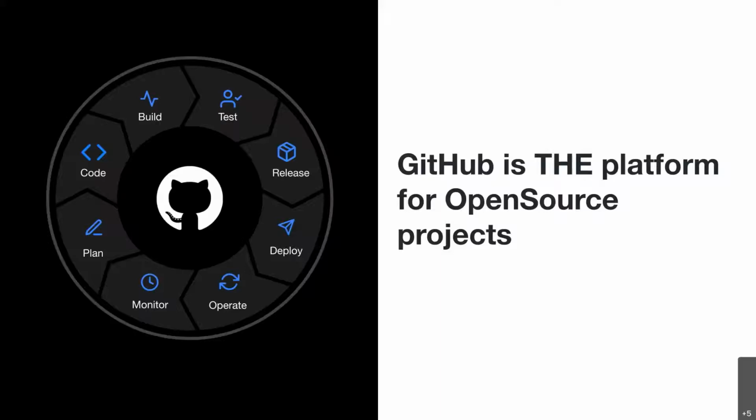This has attracted so many enterprises, because enterprises also realize that they want to pick up these best practices from the open source community and build software in the same way, which is more collaborative and talks more about reuse. So let me quickly talk about how the open source community actually works on projects.